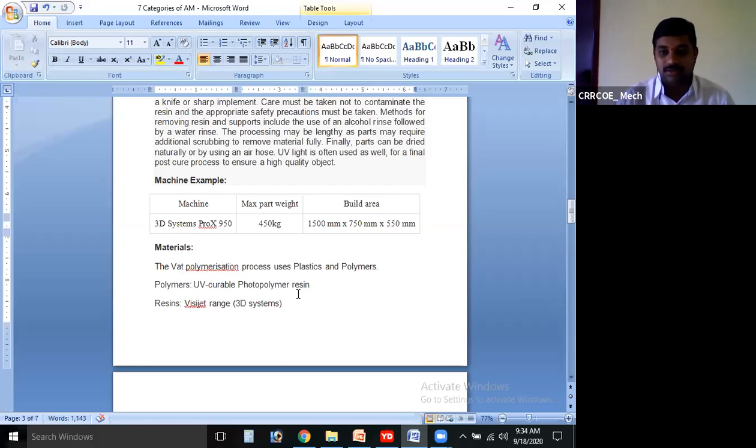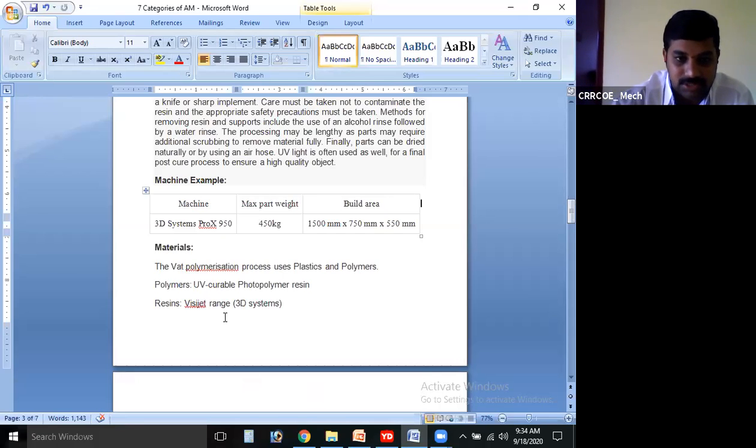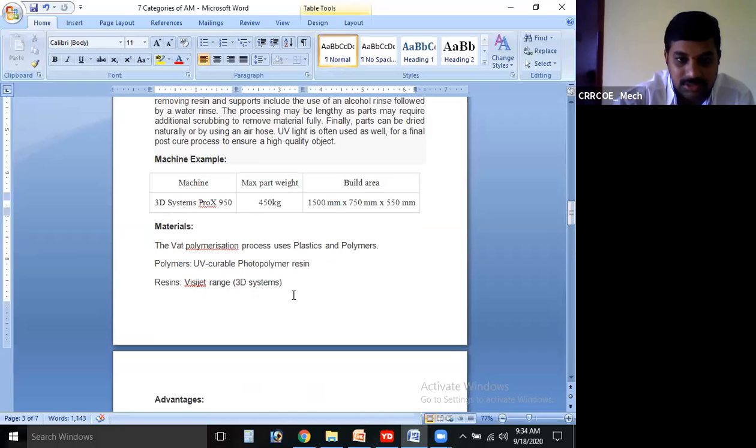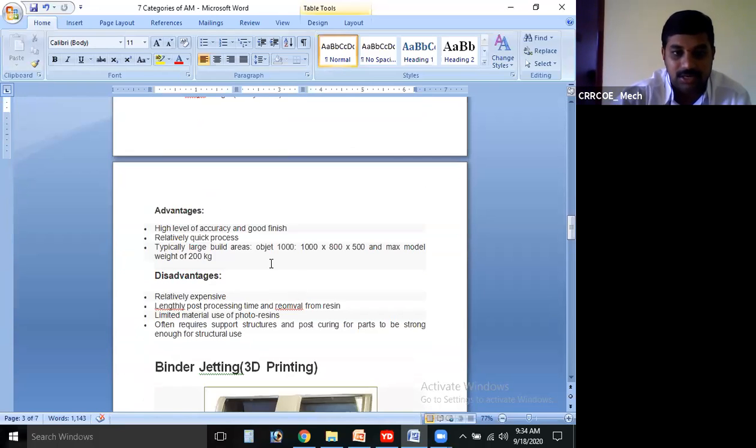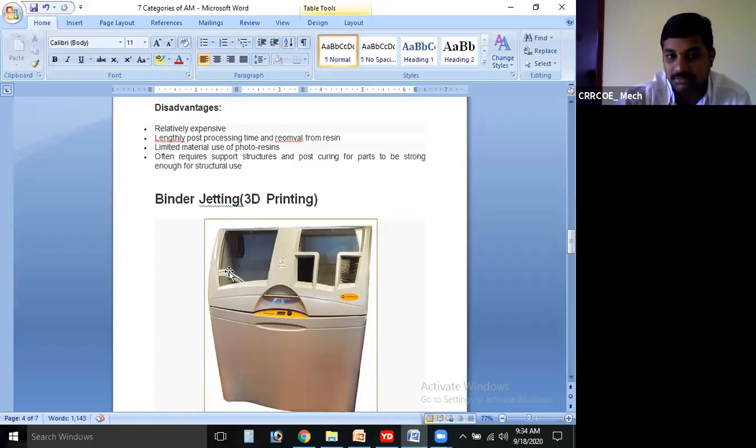If it is not cured or hardened by light, those materials are not photopolymers. Here are resins, Visijet ranges from 3D Systems, and there are similar advantages and disadvantages.